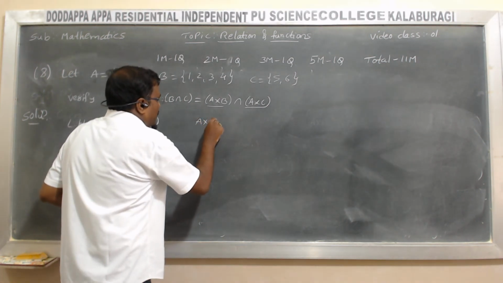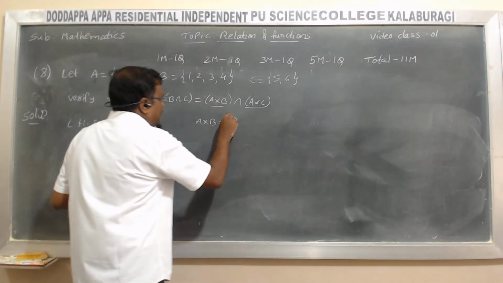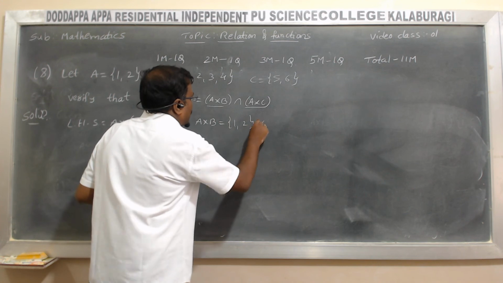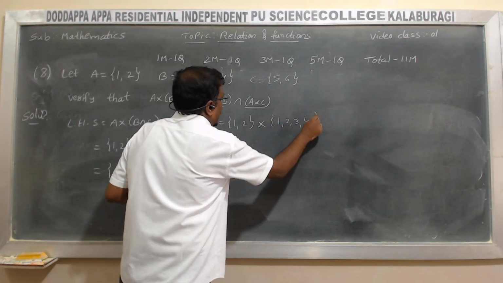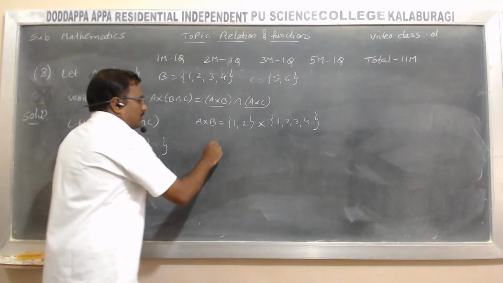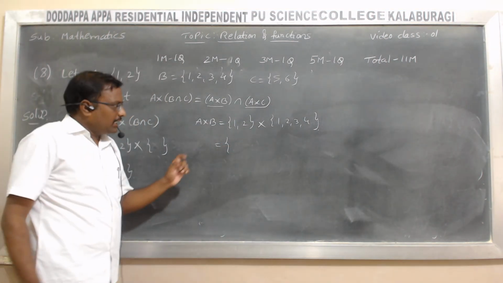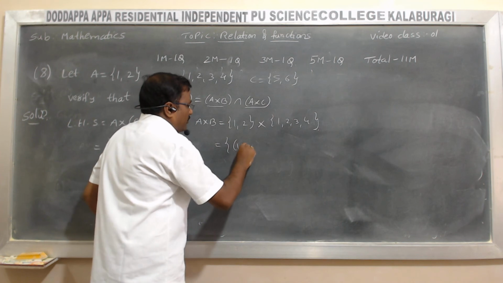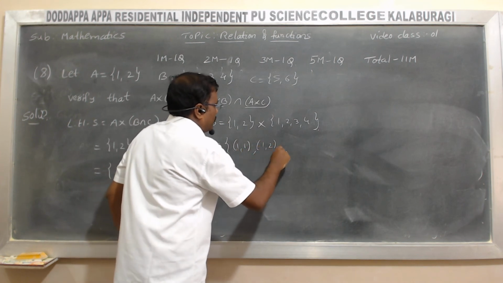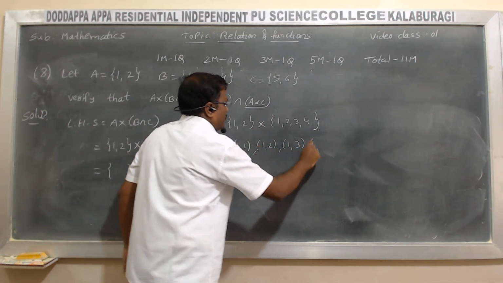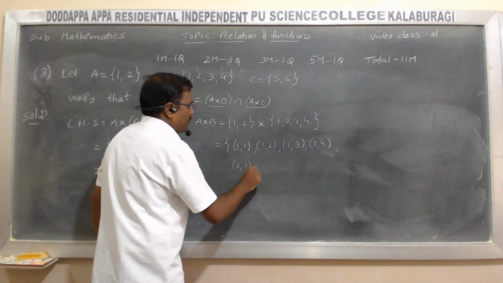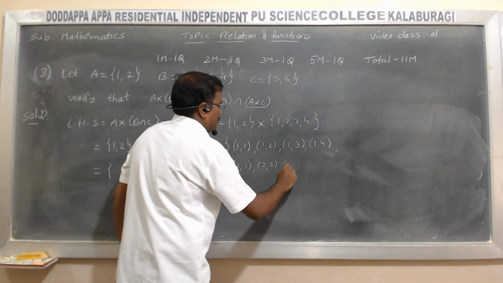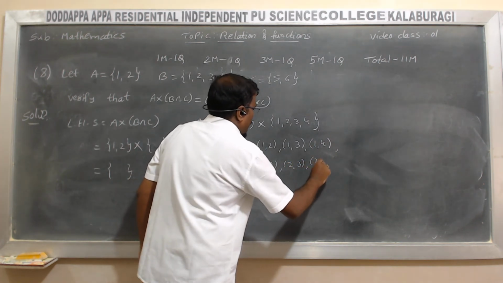So A cross B is equal to: A is given as {1, 2}, cross B, which is given as {1, 2, 3, 4}. So you can find as usual (1,1), (1,2), (1,3), (1,4). Next (2,1), (2,2), (2,3), (2,4).